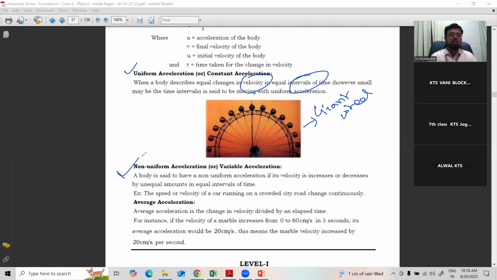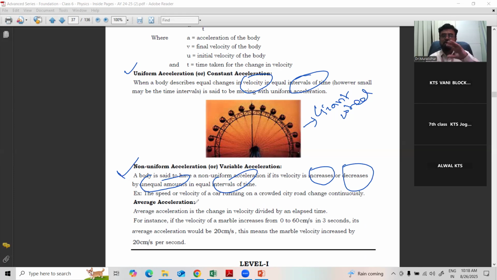The second one is non-uniform or variable acceleration. A body is said to have non-uniform acceleration if its velocity increases or decreases by unequal amounts in equal intervals of time. Sometimes increasing, sometimes decreasing. If such a thing happens, that is called non-uniform or variable acceleration.